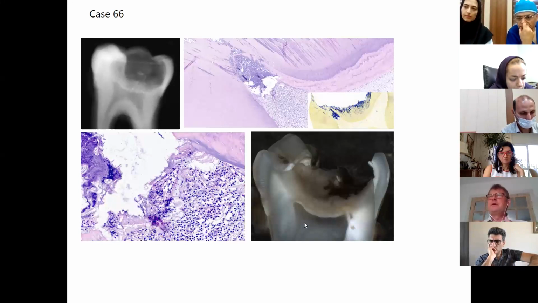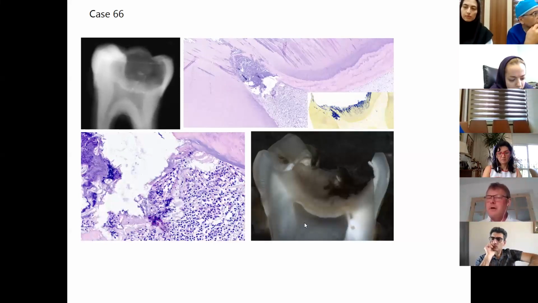But if you do it in a case where you have a deep lesion and a radiopaque zone on the X-ray, it will be possible. So I'm actually using the X-ray a lot to make a decision like this.